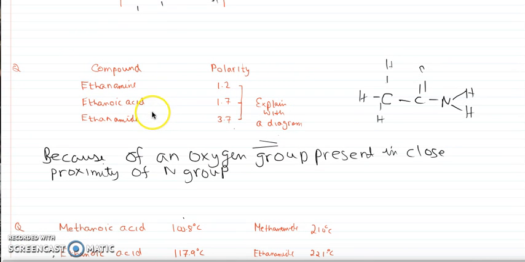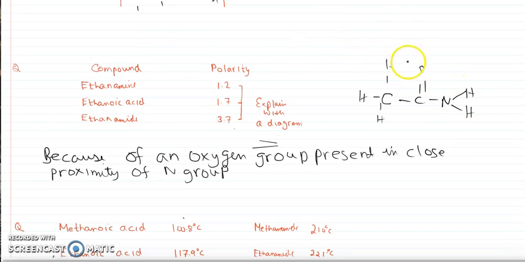Okay, so the reason for the dramatic increase in polarity between ethanamine, ethanoic acid, and ethanamide is that there is an oxygen group present in close proximity of the nitrogen.